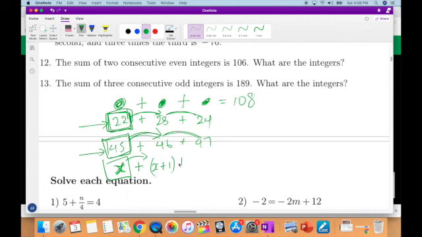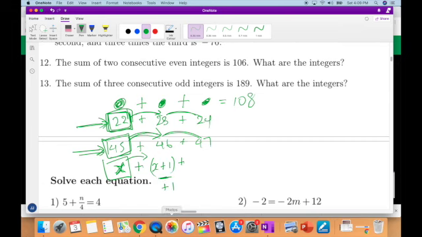And that means that the next number here is going to be x plus 2. Do you understand why this is x plus 2? Look at these. In order to get the consecutive number, I have to take this number and add 1.